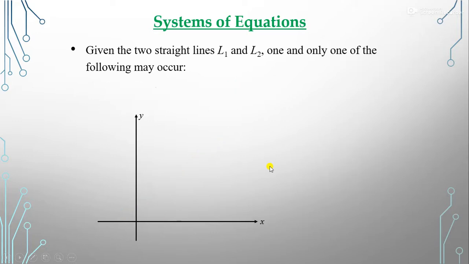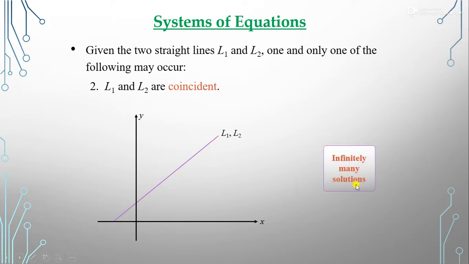Next, suppose our lines L1 and L2 coincide. It means we have only one equation: generally we have two equations, but if we multiply the second equation by any scalar quantity, it becomes like the first equation, so L1 and L2 coincide. In that case our solution is infinitely many solutions.